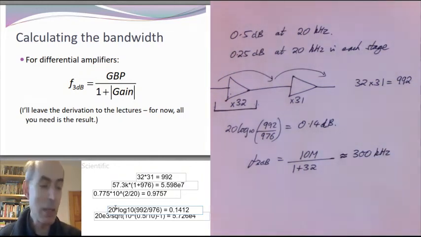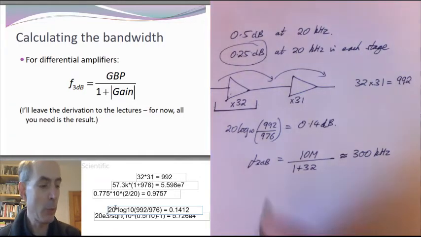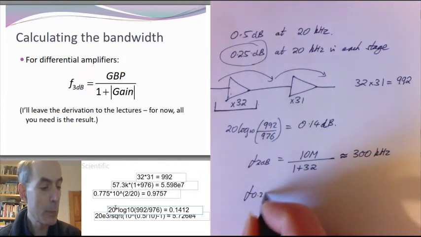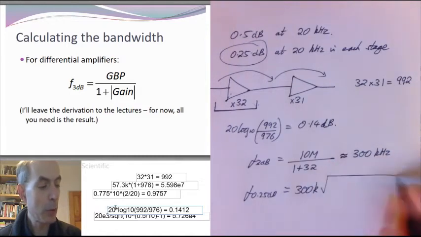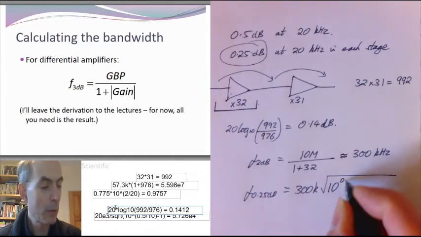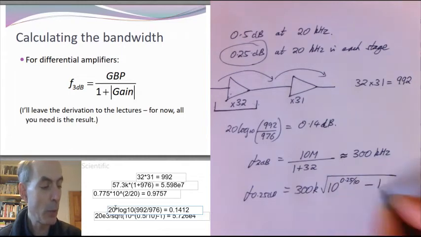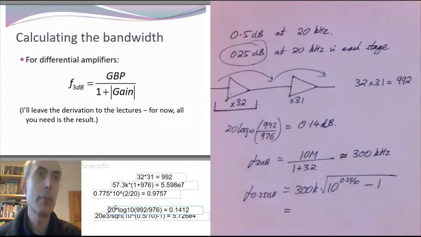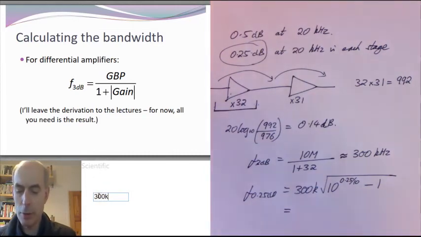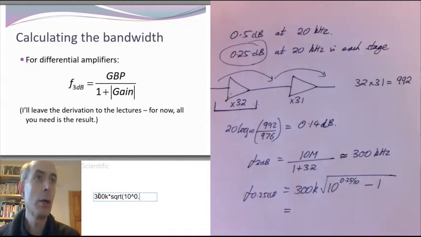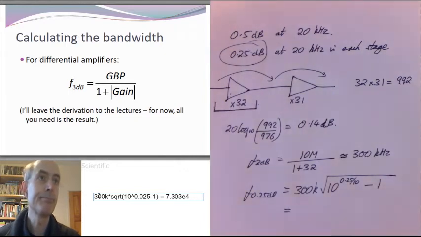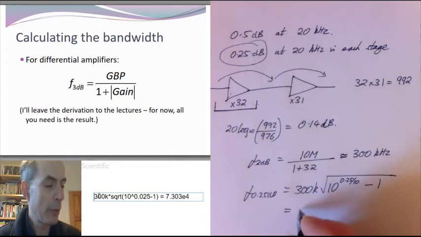And if our 3 dB bandwidth is 300 kilohertz, then our 0.25 dB bandwidth would be 300 kilohertz, our 3 dB bandwidth, times the square root of 10 to the power of 0.25 over 10 minus 1. That's the formula we've used before. That would give us 300,000 times the square root of 10 to the power of 0.025 minus 1. Answer, about 73 kilohertz.